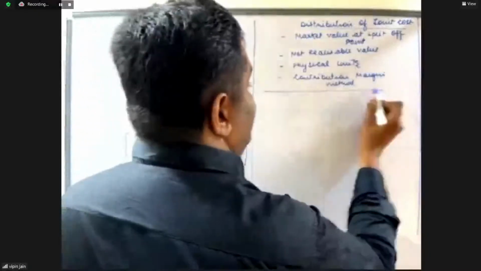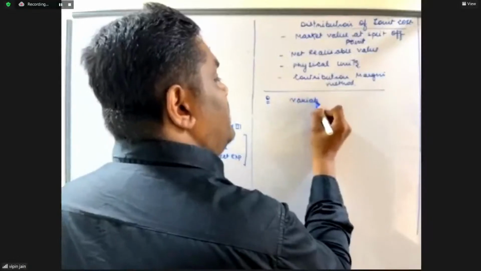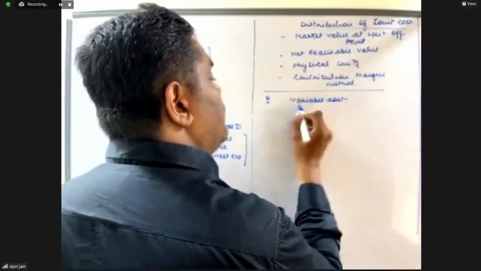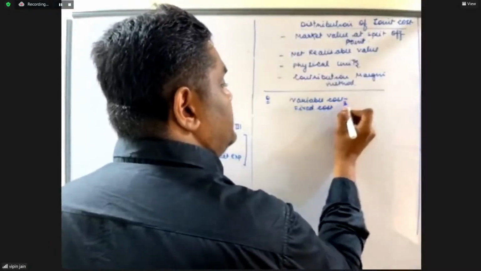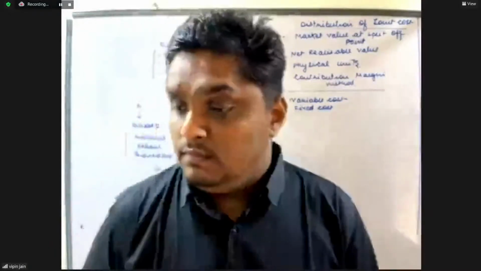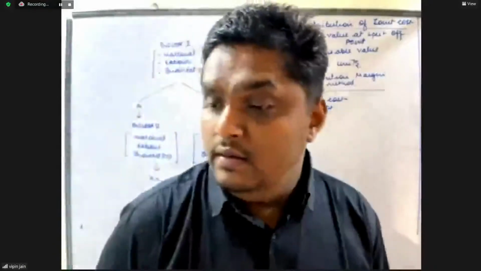Let's take a question wherein variable cost is given, and fixed cost is given. Let's say it is 4,400 and 3,900.